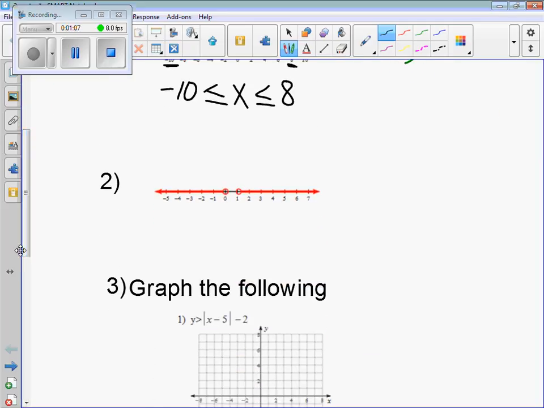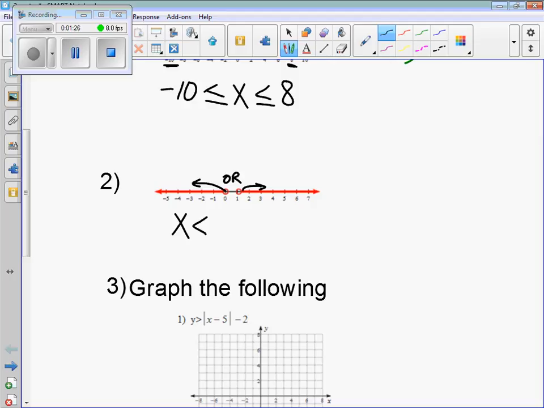Number 2, these are shaded in opposite directions. Remember in class we talked about the boat oar, they kind of look like boat oars. So it's an "or" problem, and we're going to write two different inequalities. We start with x, or whatever variable you want.